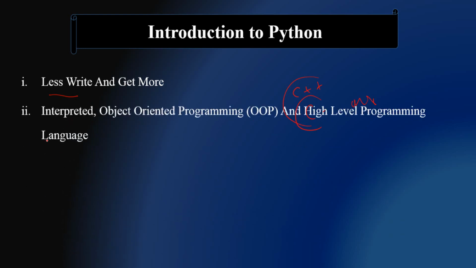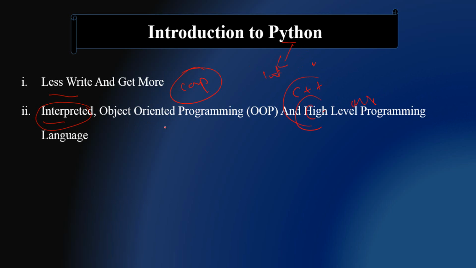Another point is that Python is interpreted, and also object oriented. Some languages are compiled languages, in which a compiler is used to compile the program. But in the case of Python, an interpreter is used to convert Python code into machine code.